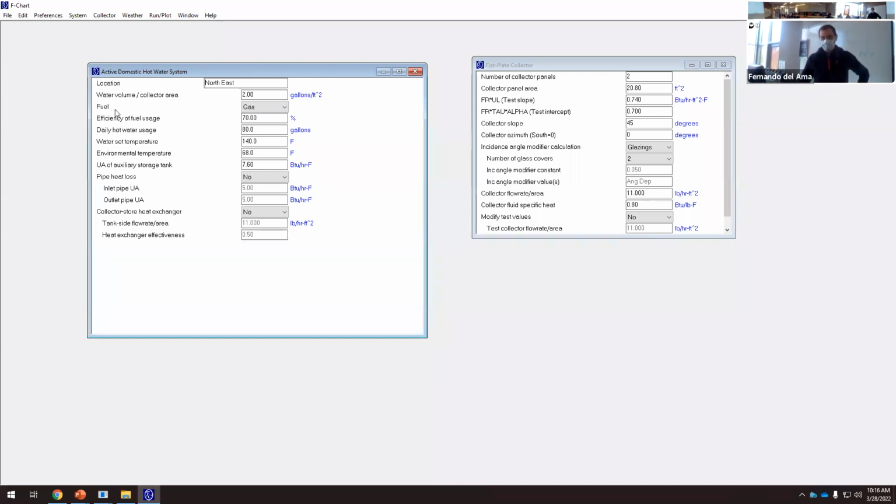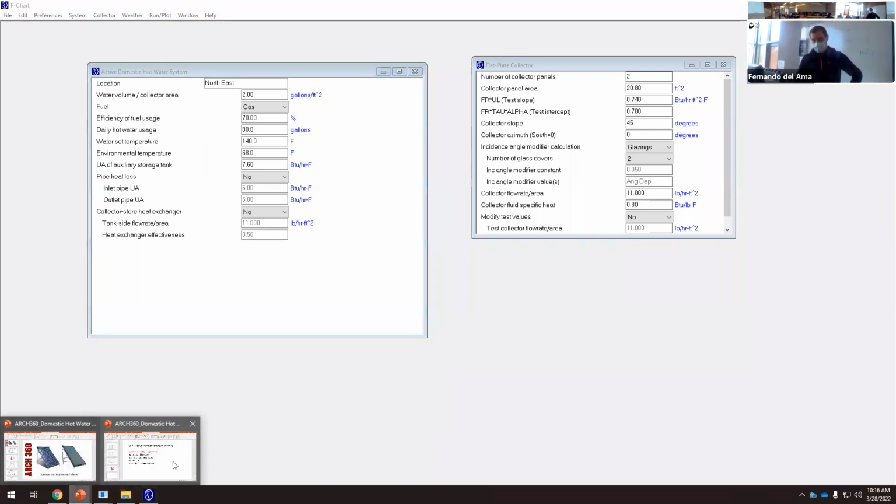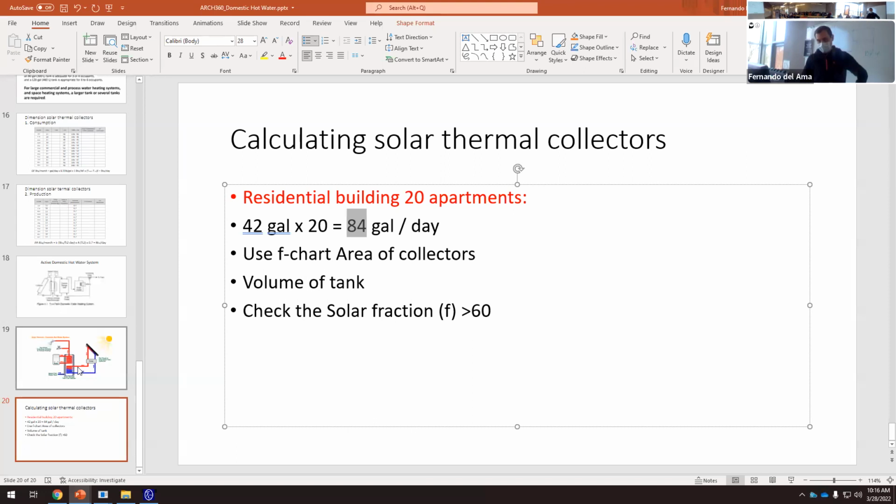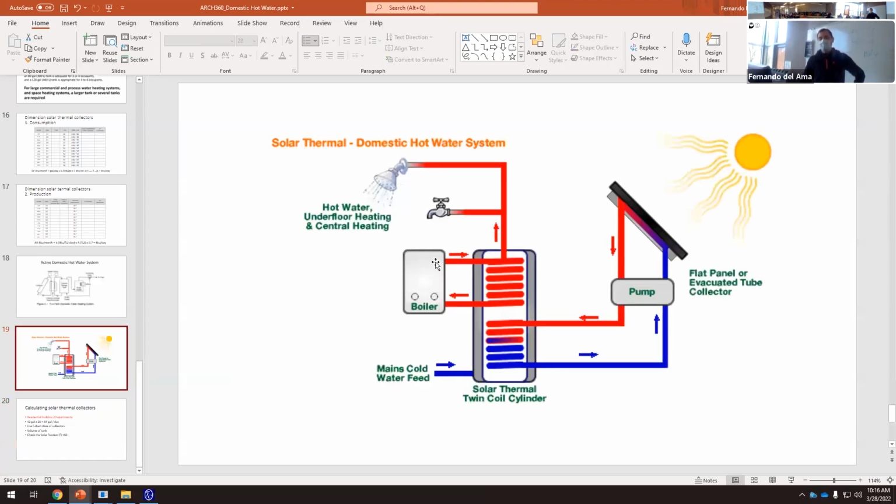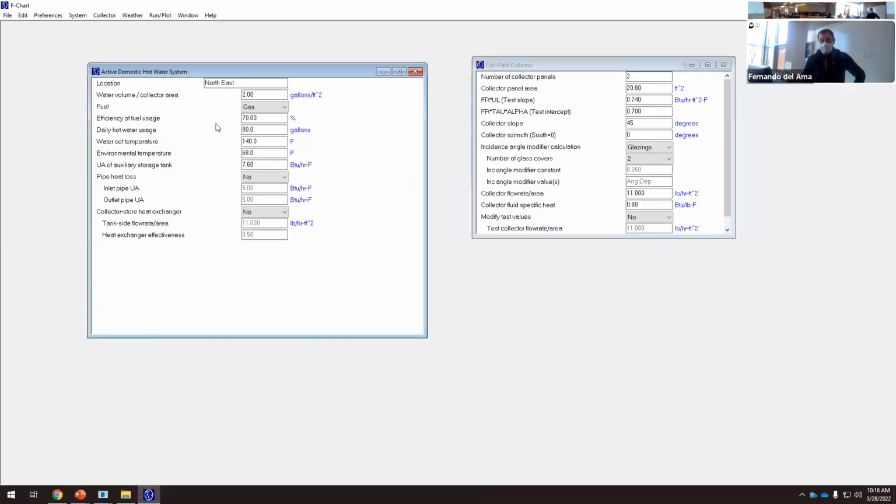Then fuel, because it's for the auxiliary source of energy. So we have this boiler. It can be gas, it can be electric. As I told you, I would use gas.